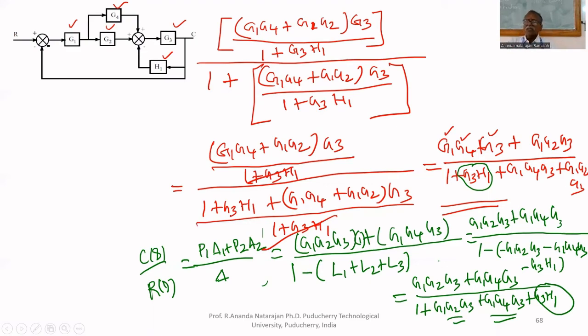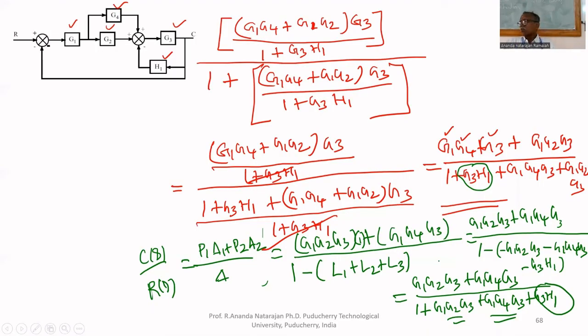What is delta 1? Delta 1 is nothing but delta for the part of the graph which is not touching forward path 1. What is delta 2? Delta 2 is also delta for the part of the graph which is not touching the second forward path. There is no part of the graph which is not touching the first forward path and the second forward path.